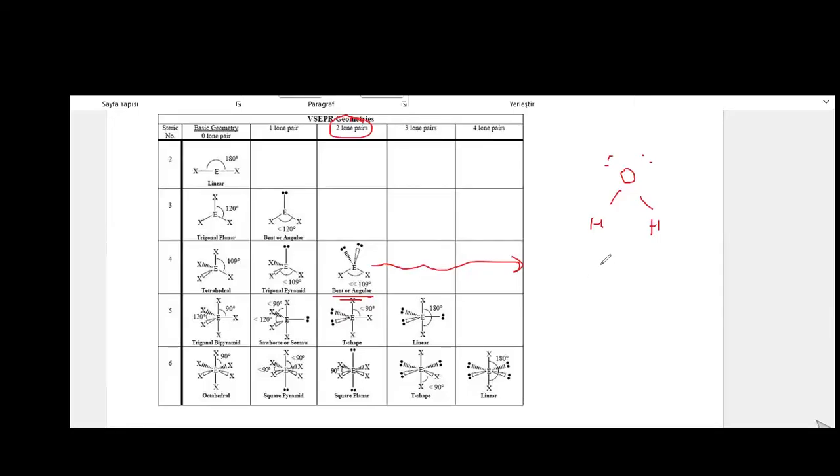And if you look at it, the bond angle between the hydrogen atoms is less than 109 degrees. So yes, this is our bond angle and molecular shape.